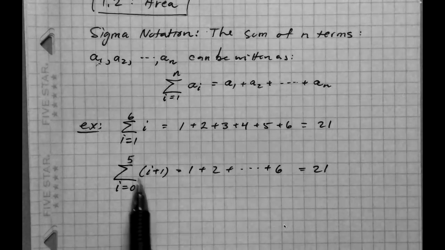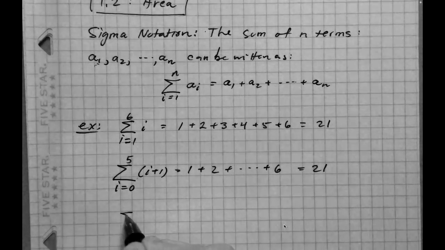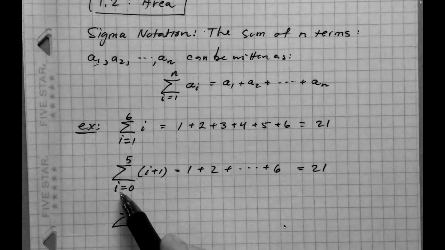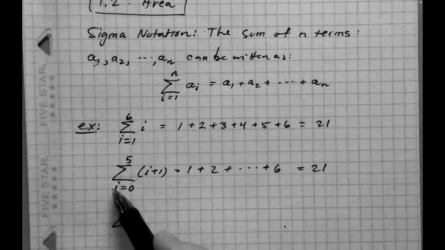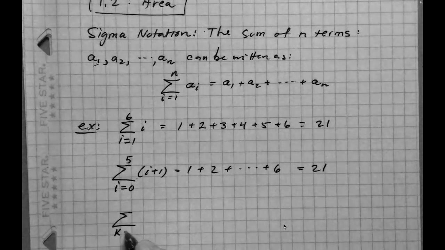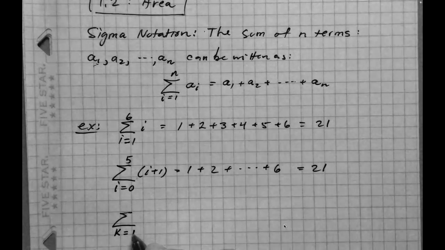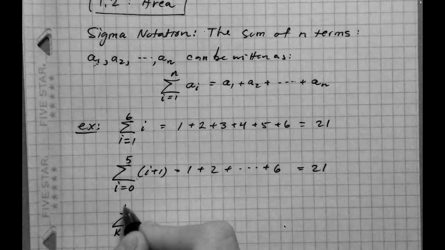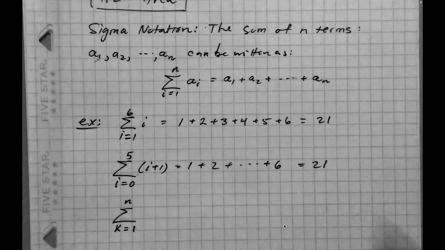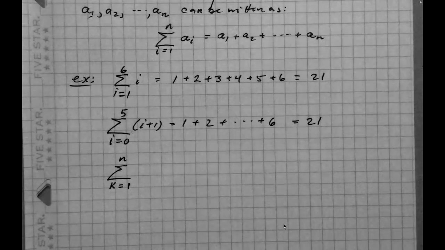Now these terms that you're summing can be as complicated as you like. So here's another example. And it's maybe most common to use i as the indexing variable, but you'll see k very frequently as well. So what if we want the sum as k goes from 1 up to n, of, and now n is just an arbitrary number that you can plug in, you could evaluate to different values.